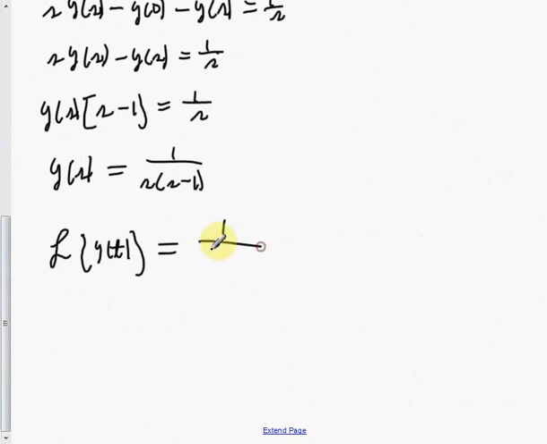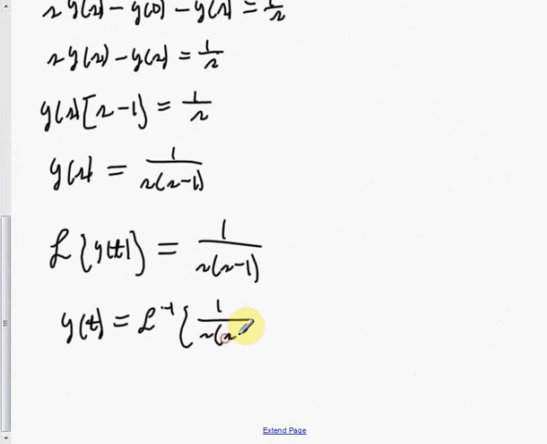Here I take the inverse transform of both sides. When I do that, I just get y of t, this inside function, is equal to the inverse transform of 1 over s times s minus 1.